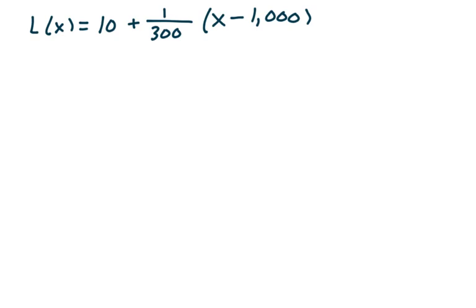And this L of x gives us an approximation to what f of x is when x is near 1,000. So in other words, f of x is approximately 10 plus 1/300 times x minus 1,000.